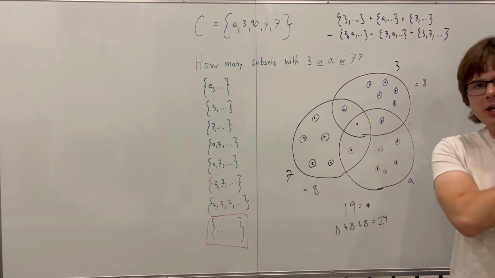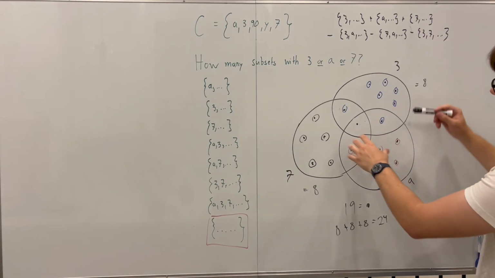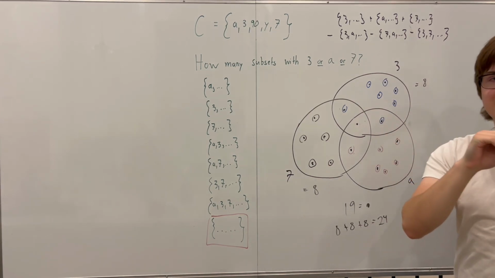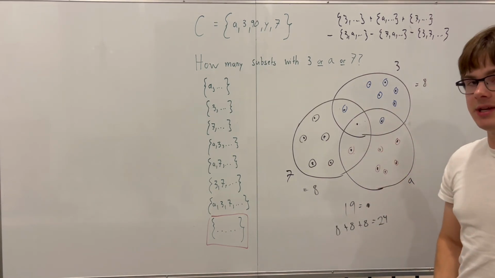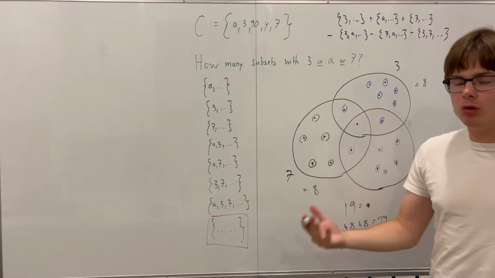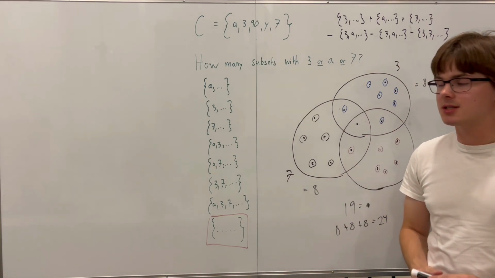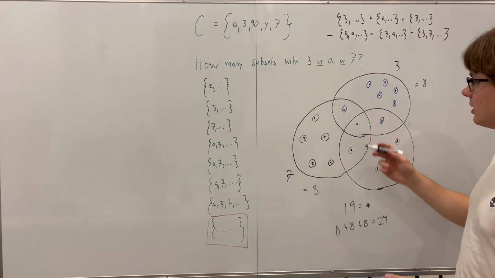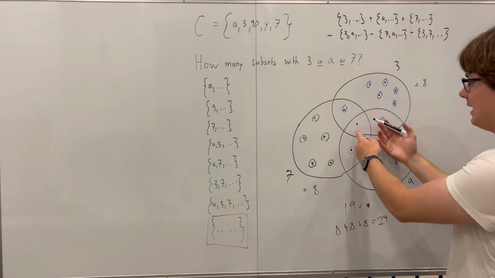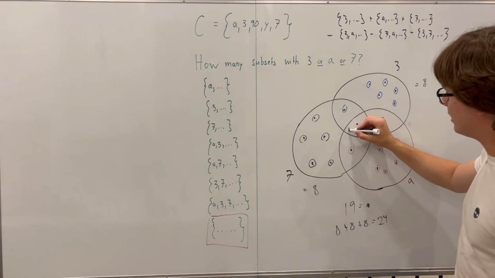Fantastic. But what do we notice at the end? Well, we've now gotten everything to be counted once, except for this middle one down here. This middle one down here no longer is circled because we've gotten rid of all 3 of the rings that were around it. So what are we going to do? Well, clearly we've now no longer counted it. We're going to be at least 1 off. And what does this area represent?